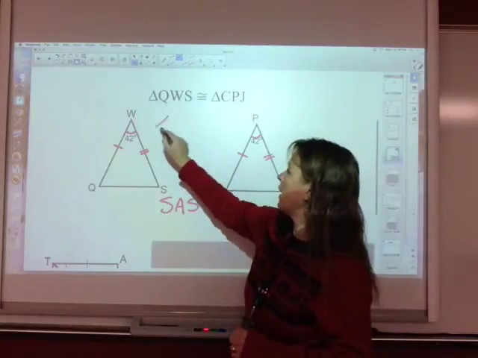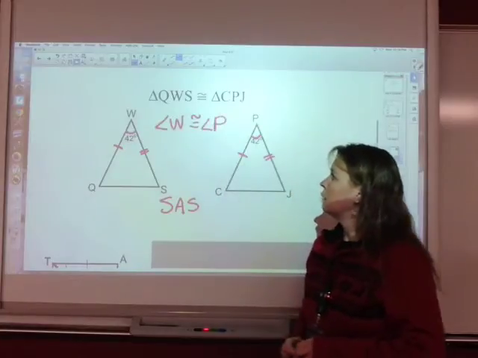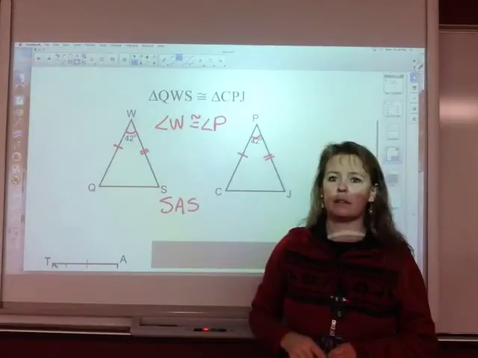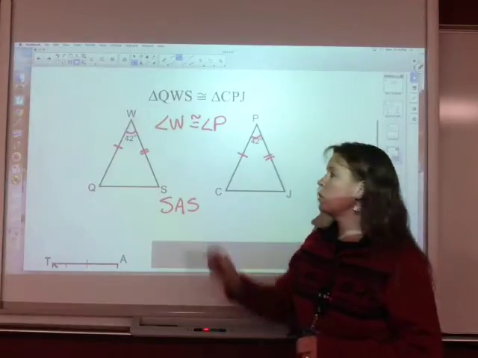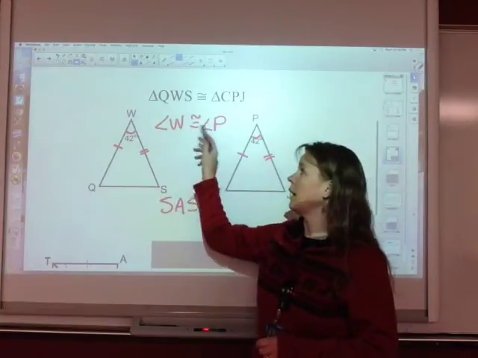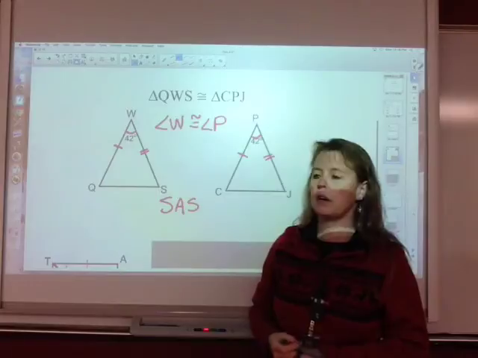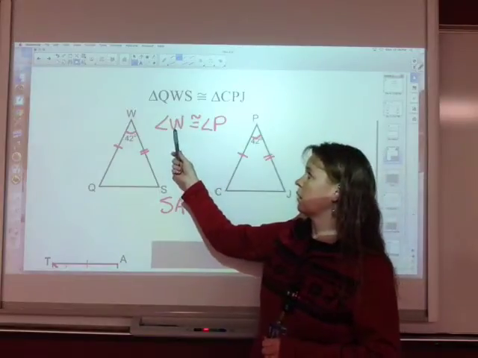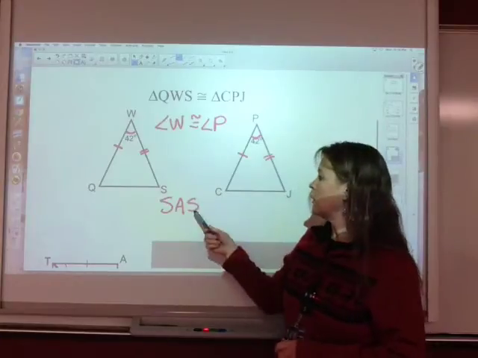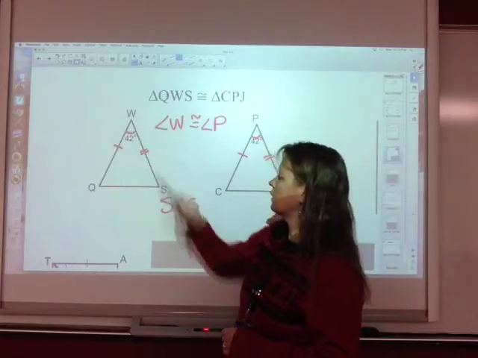How do we know that angle W is congruent to angle P? They are both 42 degrees. If the measure of two angles are equal, then the angles are congruent. So if we do a tiny little proof in our head, the definition of congruent says if two angles have the same measure, then they are congruent. So we can prove this by side angle side. Side, included angle, side.